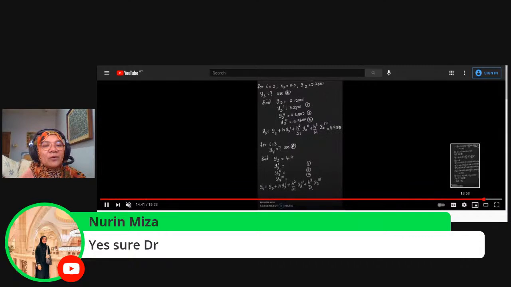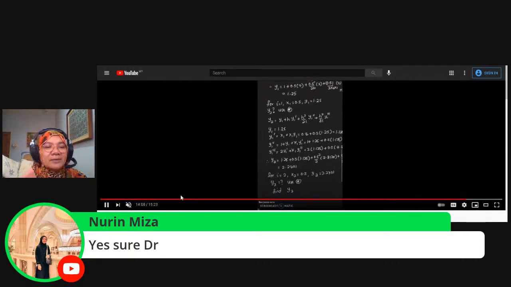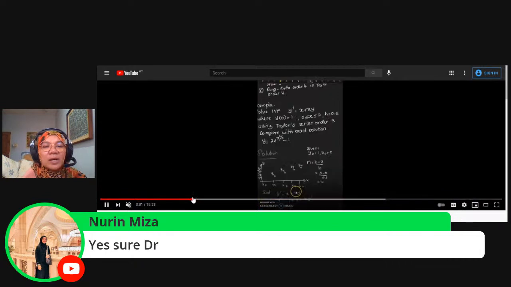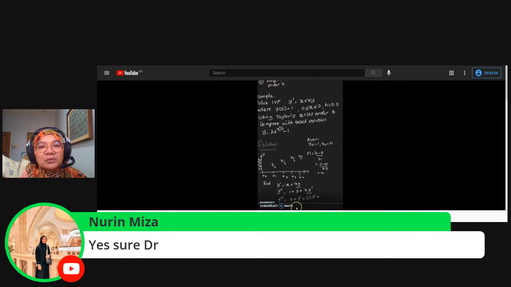Y4, let's go to the graph again. Where is the graph? Y4 is when x equal to 2, where we want to find the temperature behavior at the space x equal to 2. x naught is when x equal to 0. y3 is when x equal to 1.5.